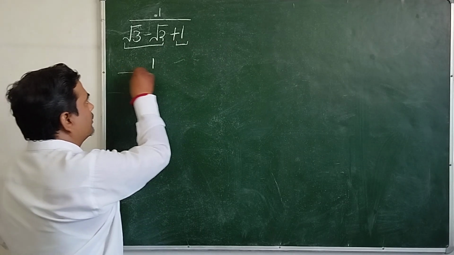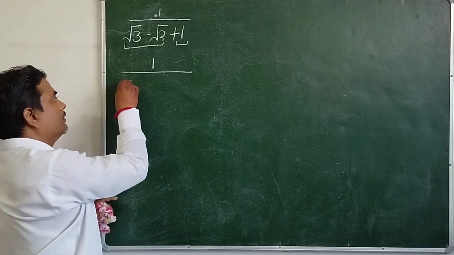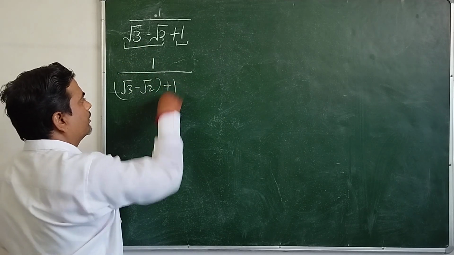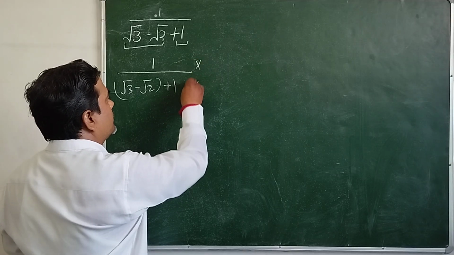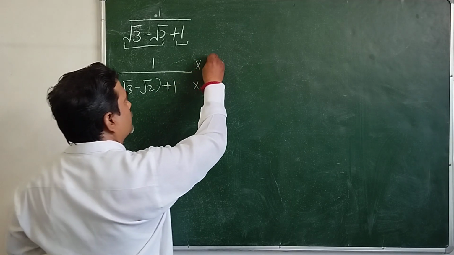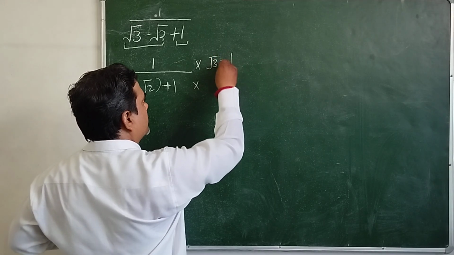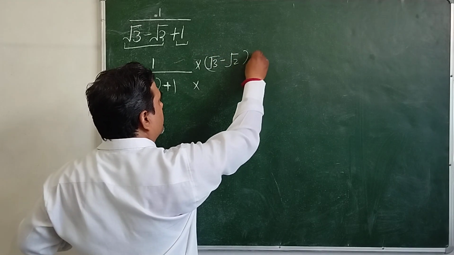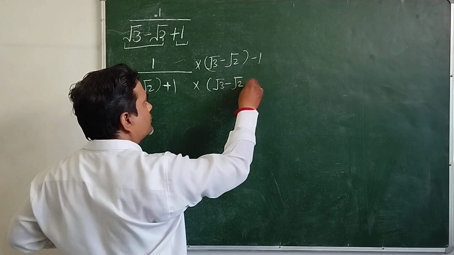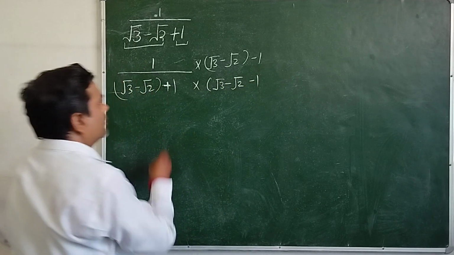So here we have root 3 minus root 2 together plus 1, and multiply by the conjugate. So we change the sign of this one. So we have root 3 minus root 2 minus 1, root 3 minus root 2 minus 1.